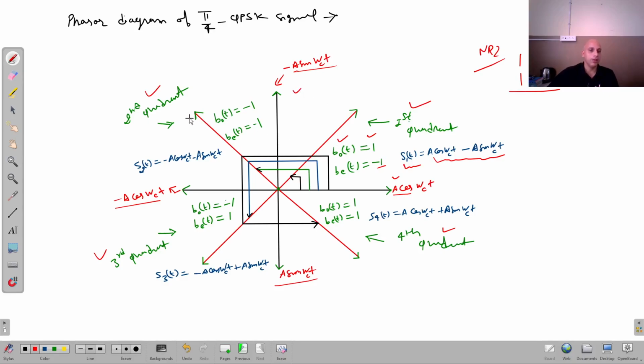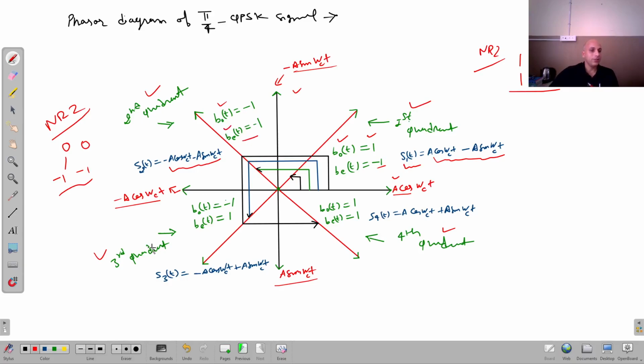Similarly, when you reach here, this vector will be represented as S2(t) equal to minus A cos of omega ct minus A sine of omega ct, and it is possible when both the bits are 0 0, because only then they are minus 1 in the NRZ format. So this is represented here. Odd bit is minus 1, even bit is also minus 1.